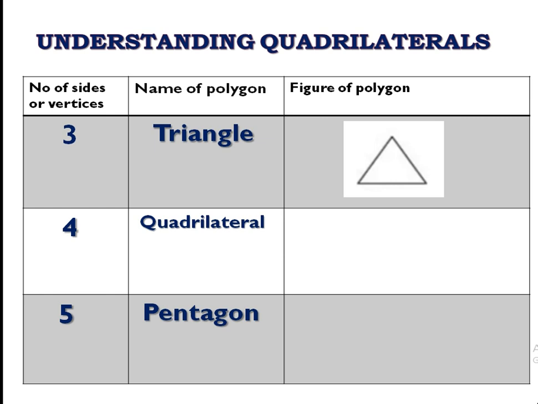Now, if the number of sides or vertices is 4, then the name of the polygon is quadrilateral. Here it is. See the figure. Now, if the number of sides or vertices is 5, then the name of the polygon is pentagon. Here is the figure. Okay students, right?